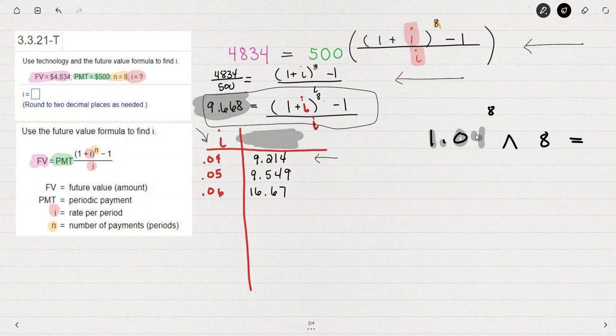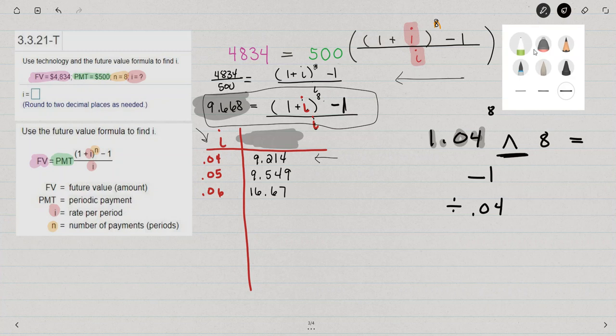Or if you have another button you use on your calculator to raise to an exponent of 8, you could apply that, and then equals. Next, I'm going to subtract 1. And then last, I'm going to divide by whatever the I is.